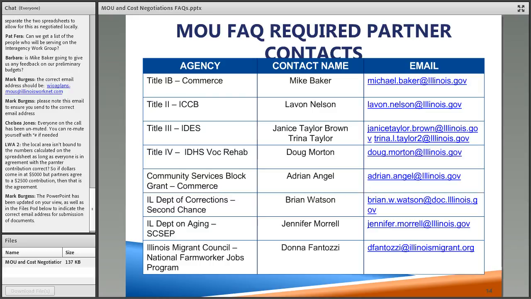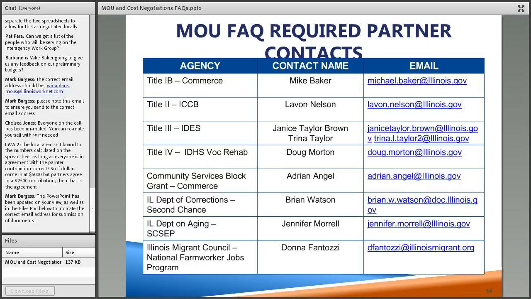These are being coordinated at the state level, but if you're an adult ed provider, for example, and have a question about MOUs or cost negotiations, then the person to whom you should ask that question is LaVon Nelson at ICCB.